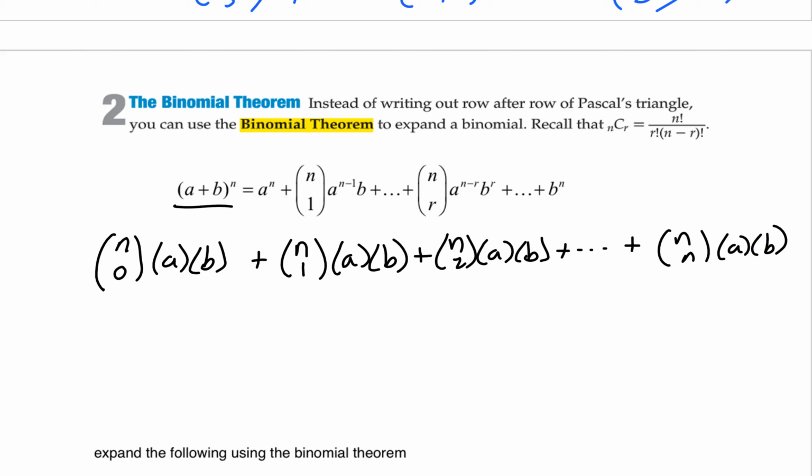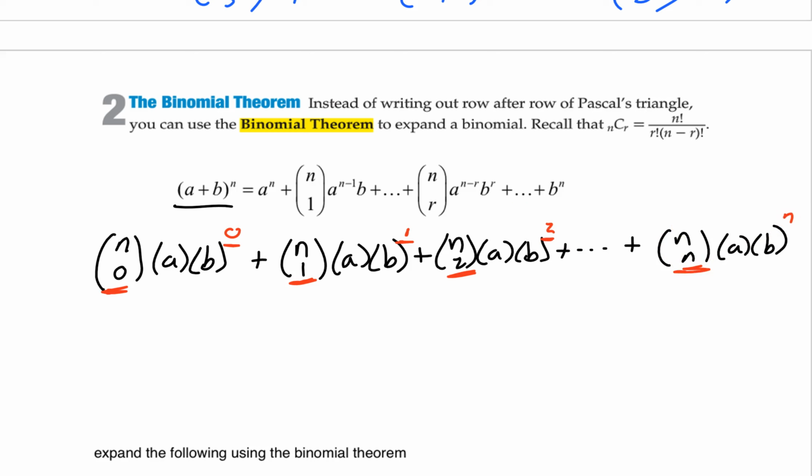Well, not done yet. Next, we're going to do powers. So we start at 0. The first thing is these two always match. So if that's a 0, this is a 0. That's a 1, this is a 1. That's a 2, this is a 2. If that's an n, that's an n. They always match.